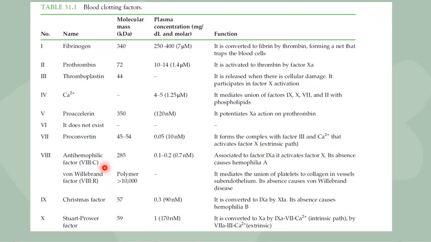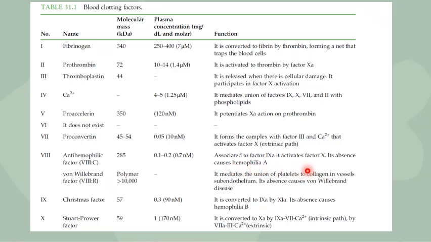The second is factor 8R, that is Von Willebrand factor. It is a big polymer of around 10,000 kilodaltons. It mediates the union of platelets to collagen in the vessel subendothelium.